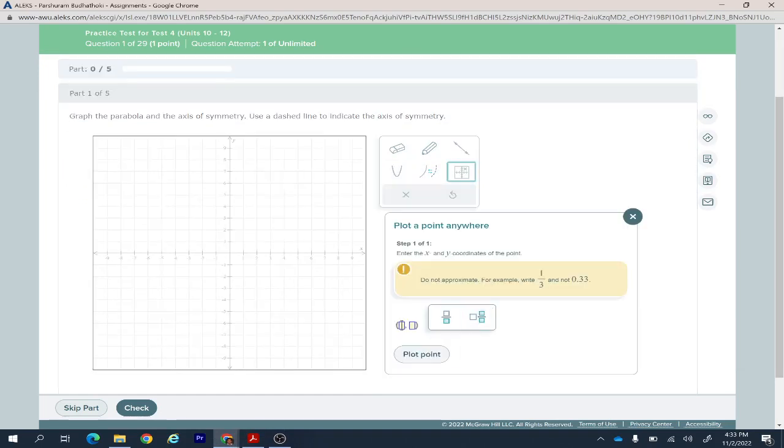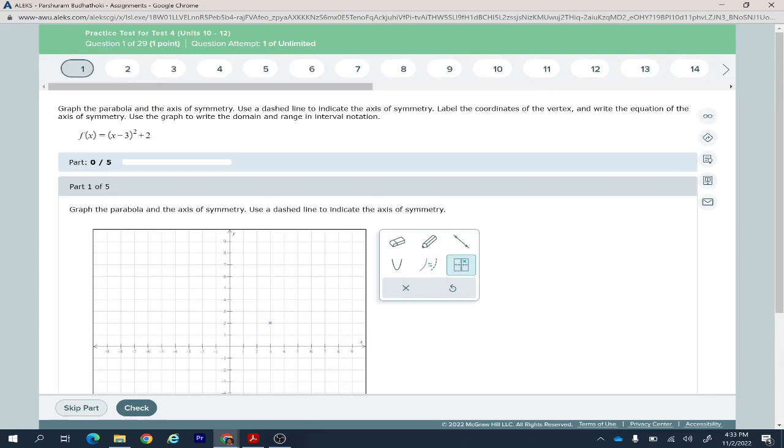Plot the point which is 3 comma 2, that's your vertex. Plot this point, and now after that you might have to put some other points as well. You can take when x is 0, that is the easy point to find.